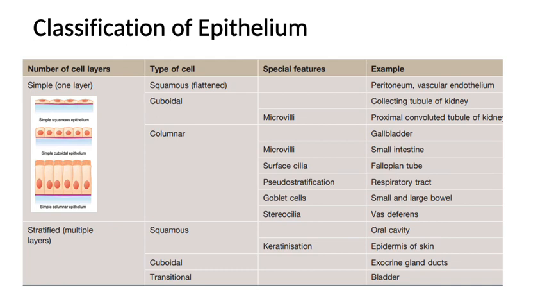Stratified epithelium is the next classification, which means multiple layers. More than one layer, it is stratified epithelium. So stratified, if the cells are squamous, it is known as stratified squamous or stratified cuboidal epithelium. Transitional epithelium is a stratified epithelium, but it is classified separately. We will see this again in detail.